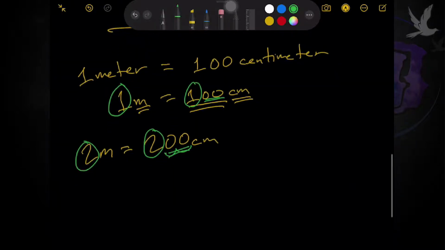And of course, for every 100 centimeters, it is equivalent to 1 meter. We just reversed it. That's what conversion means, making them equivalent.